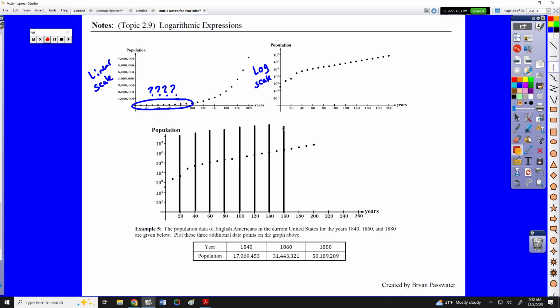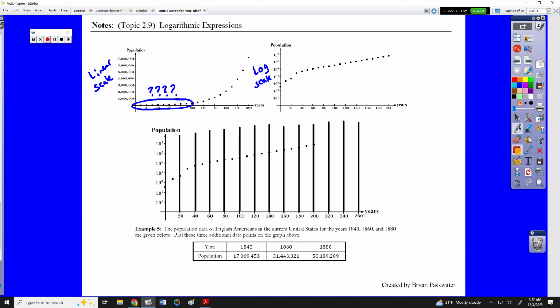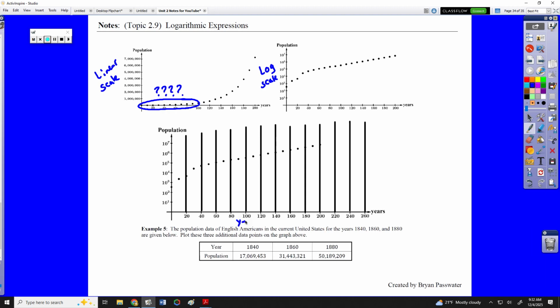So, those 3 points we're being asked to graph are years since 1620, because that's what this axis is. So if we're looking at 1840, when we look at years since 1620, that's not 1840, that is 220 on our current graph. 1860 is 240, and 1880 is 260.